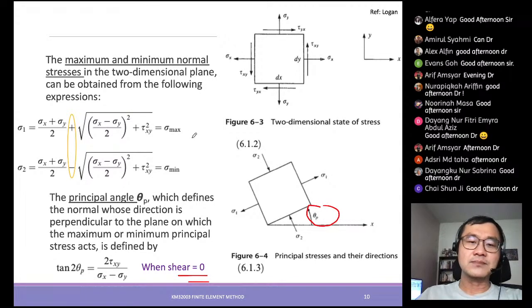These are defined for a two-dimensional problem or element. When the shear is 0, we call it principal stress. For cases when it is not 0, we may just call it maximum and minimum normal stress.